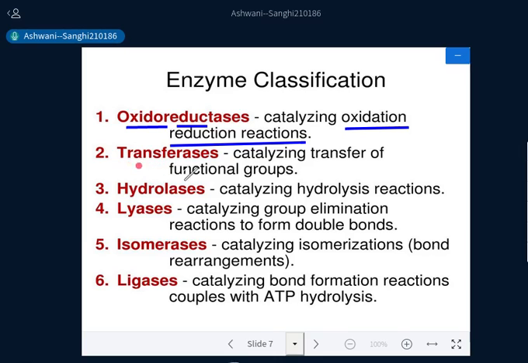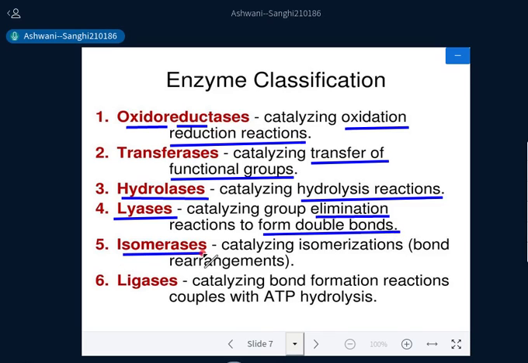Transferase, second class. Transferase means transfer of functional group. Third class, hydrolase. Hydrolase means hydrolysis reaction, or breakdown in the presence of water. Fourth class, lyase. Lyase means breakdown in the absence of water, or elimination reaction to form double bonds.